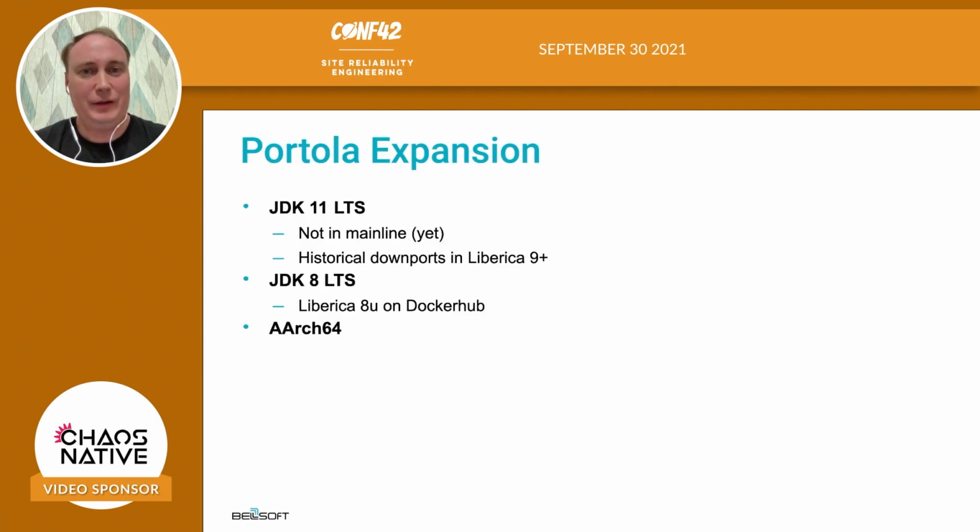So I mentioned the port of OpenJDK to musl and Alpine Linux. It was integrated on the timeline of JDK 16. And these days we made JDK 17. But JDK 11 and JDK 8 are still actively maintained long-term supported releases.